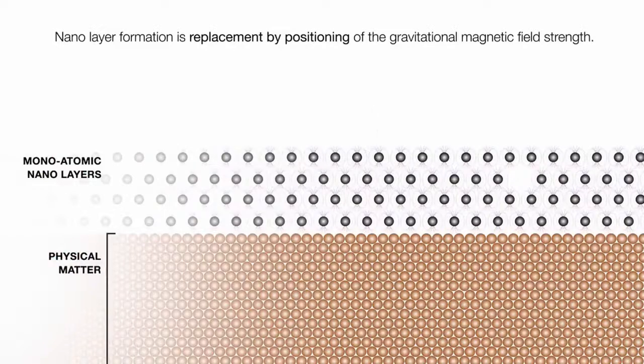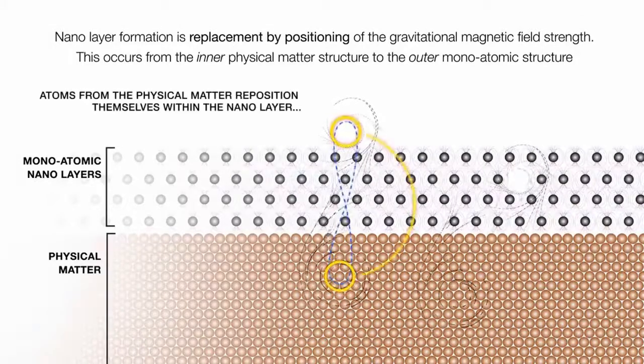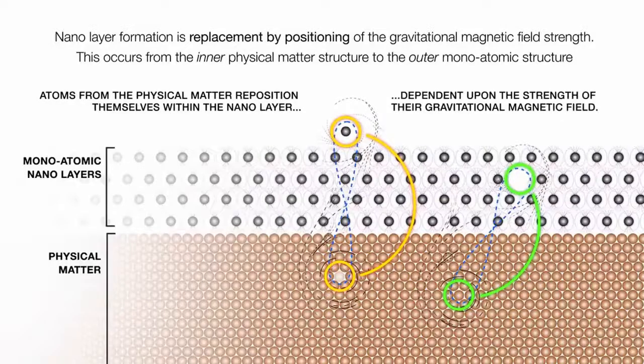Nanolayer formation is replacement by positioning of the gravitational magnetic field strength. This occurs from the inner physical matter structure to the outer monoatomic structure. Atoms from the physical matter reposition themselves within the nanolayers, dependent upon the strength of their gravitational magnetic field.